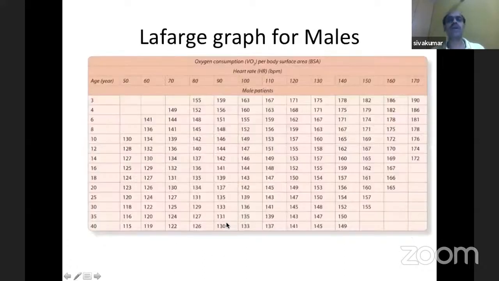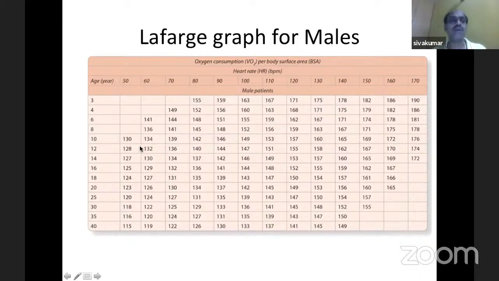What is this nomogram? One of the nomograms that is used in the majority of places is called the Lafarge graph, or Lafarge and Mittinen's graph. There are two graphs, one for male and one for female. If you carefully look at this, this is oxygen consumption indexed for body surface area. It keeps increasing with the heart rate and keeps reducing if the heart rate is lower.